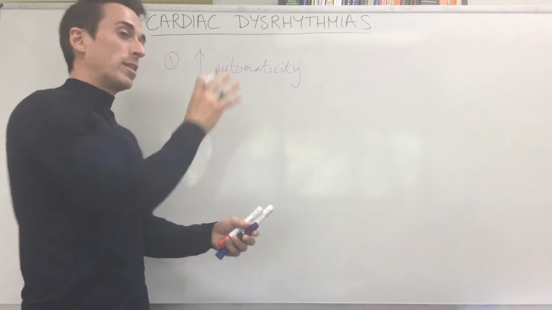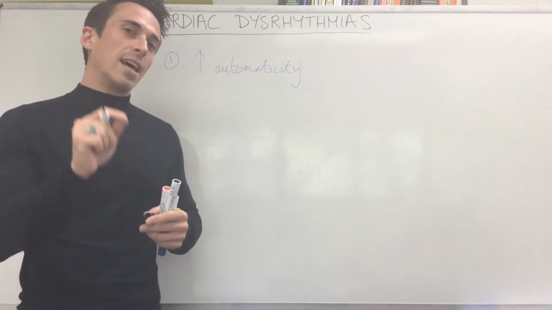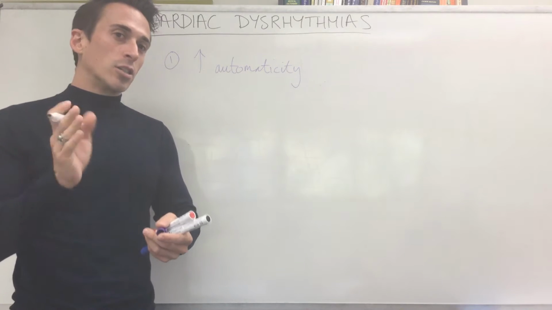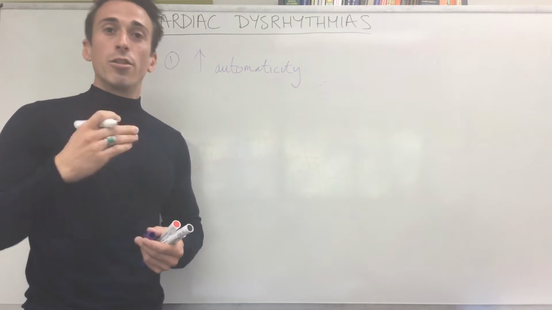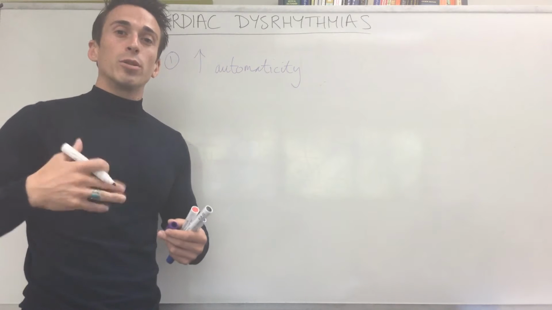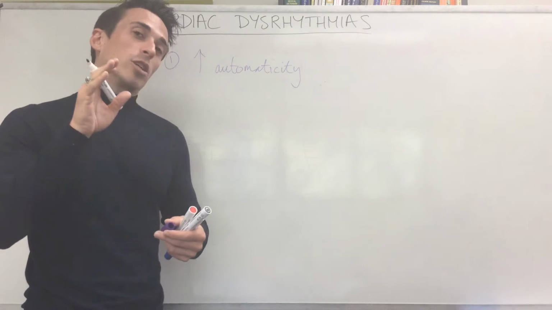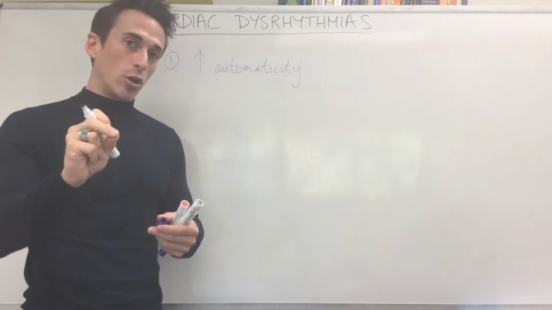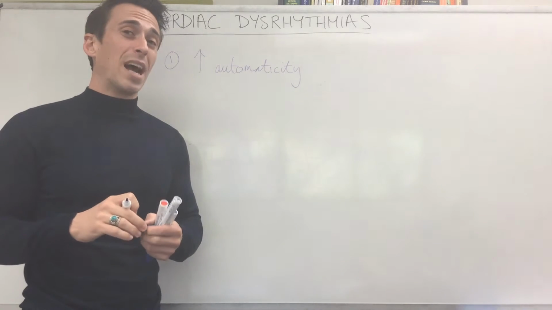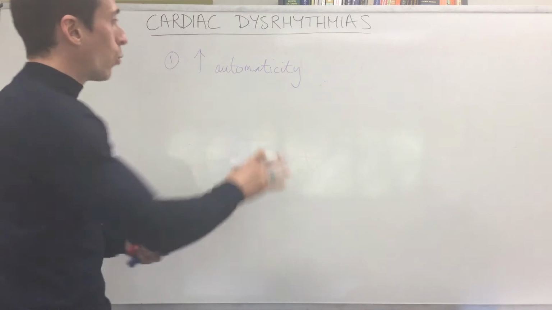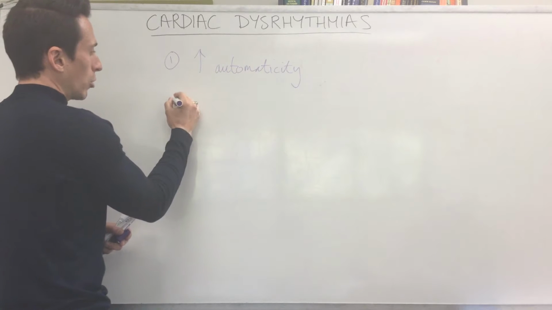That's called automaticity, spontaneous depolarization, and this usually begins at the SA node, as we just stated. So you can have increased automaticity, which means those cells increase their spontaneous depolarization so it happens more often, or it could happen to cells that are not usually spontaneously depolarizing, so other cells within the heart. That's one mechanism by which dysrhythmias could occur.